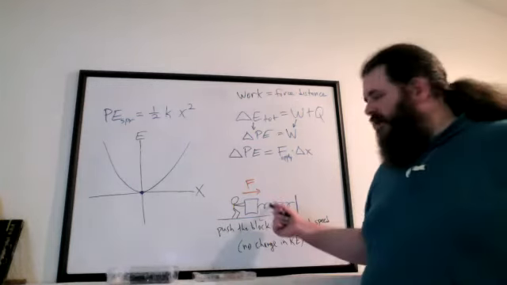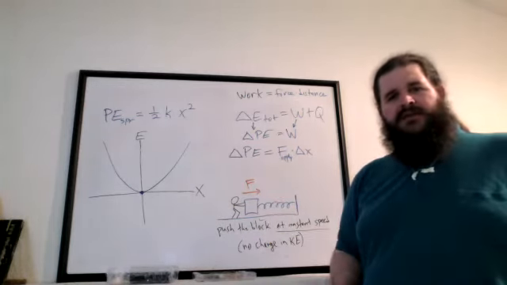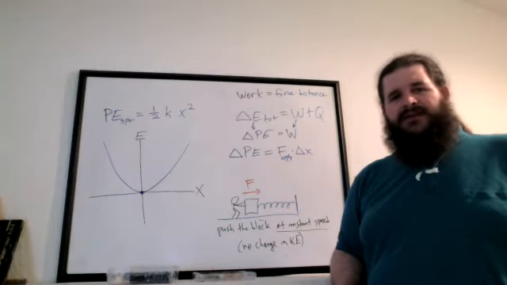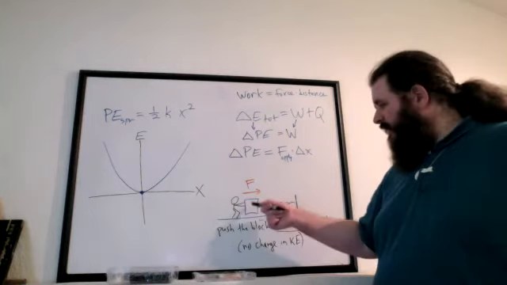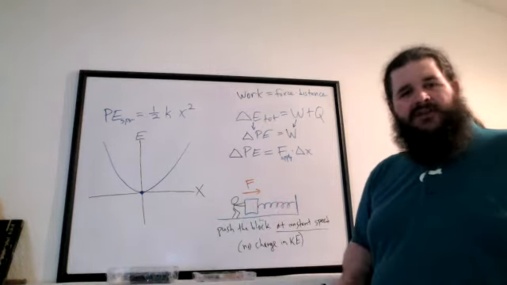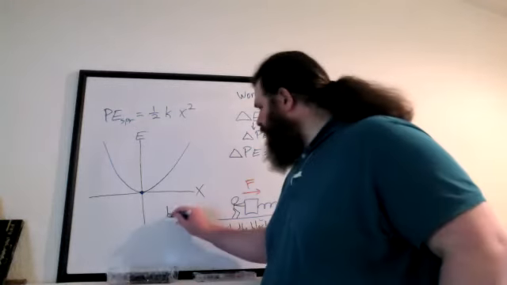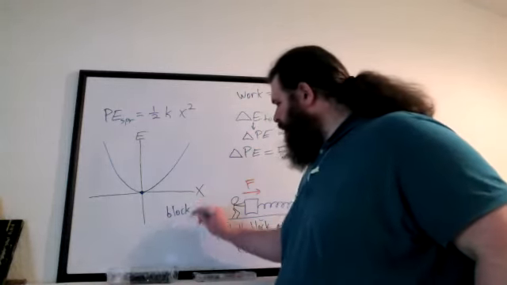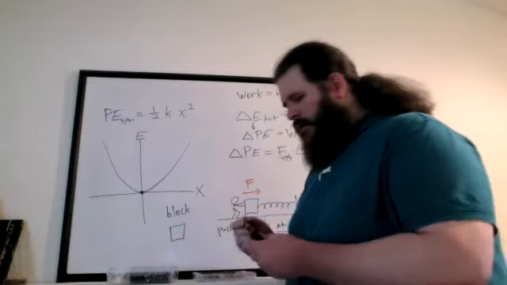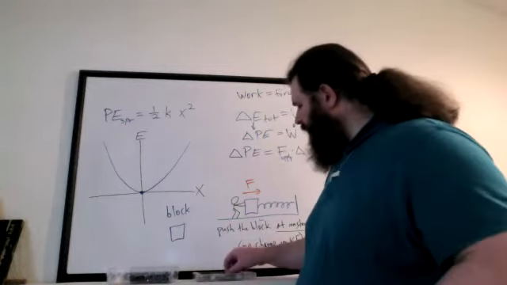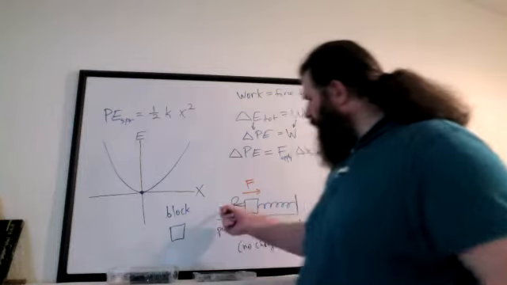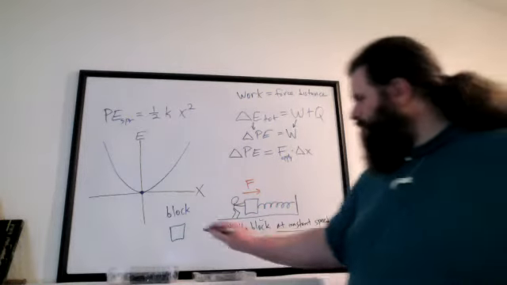But yeah, the spring itself is exerting a force. In fact, the reason why we can treat the spring as being involved in potential energy in the first place is because when you push on it, the spring itself is exerting a force. So if you look at the block, we've got the force you're applying. So you're applying a force to the right.